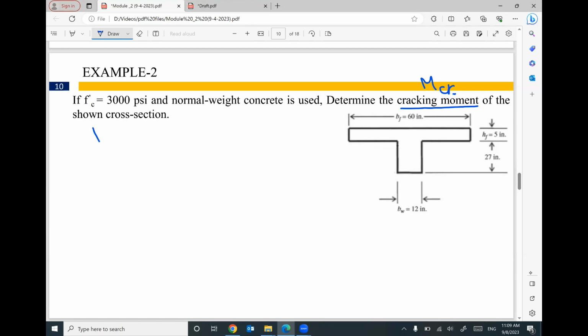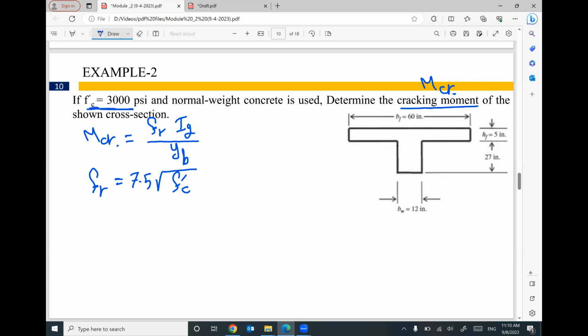Your M crack equals FR times I gross divided by YB. The value of FR is very easy: 7.5 square root F prime C. I think F prime C is given, the compressive strength of concrete.